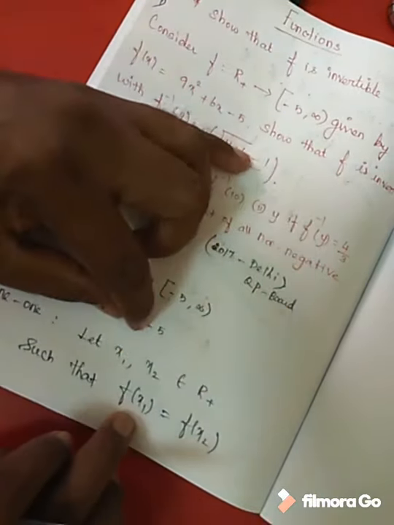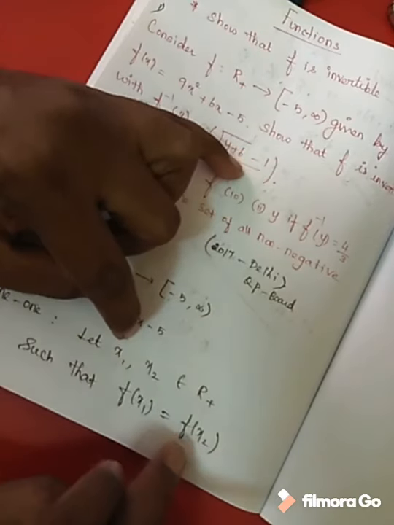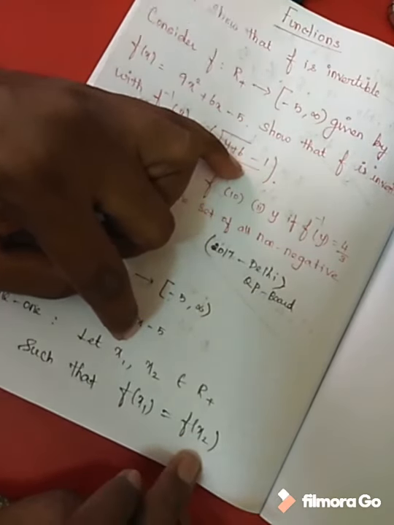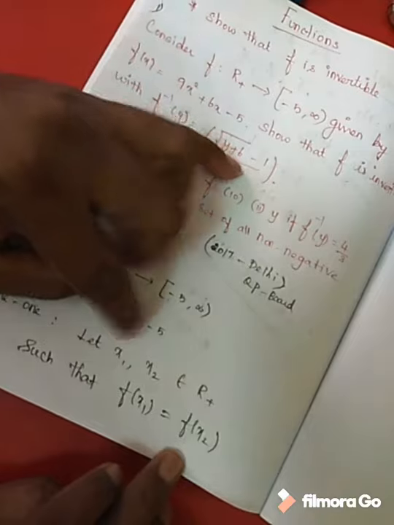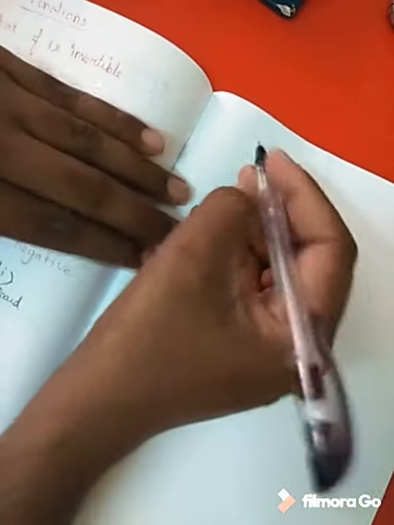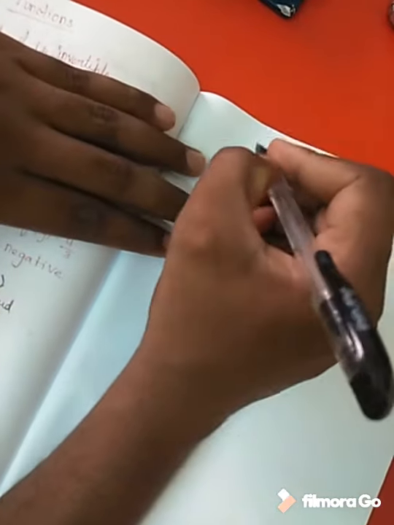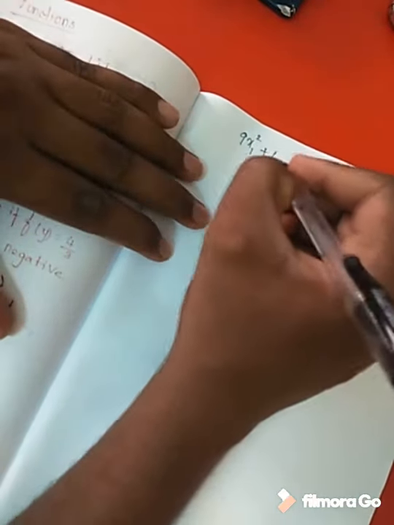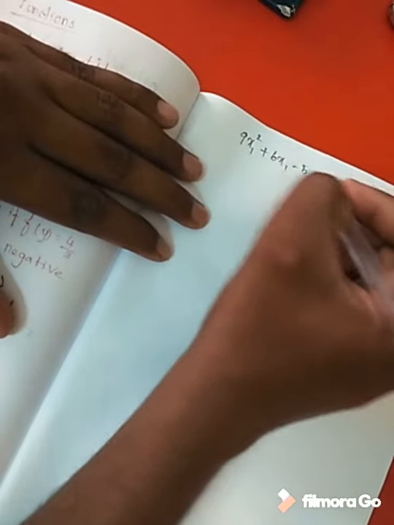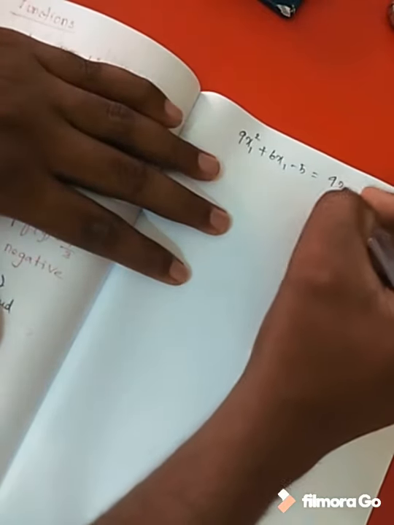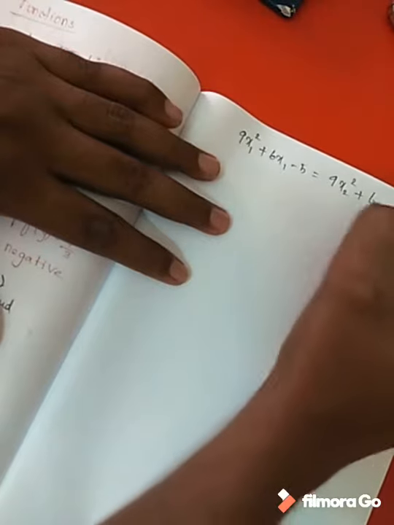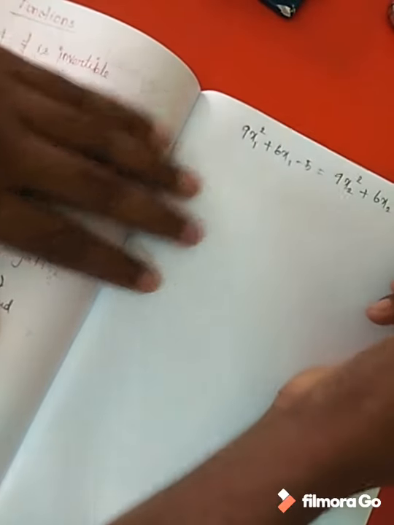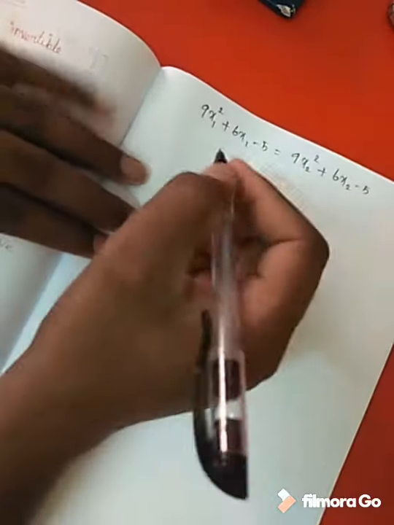While applying x1 we get f(x1), while applying x2 we get f(x2), and these two values are equal. f(x1) = f(x2), right? Expectation: x1 = x2, right? So we can write the function as 9x1² + 6x1 - 5 = 9x2² + 6x2 - 5. So this is the case to prove one-one.